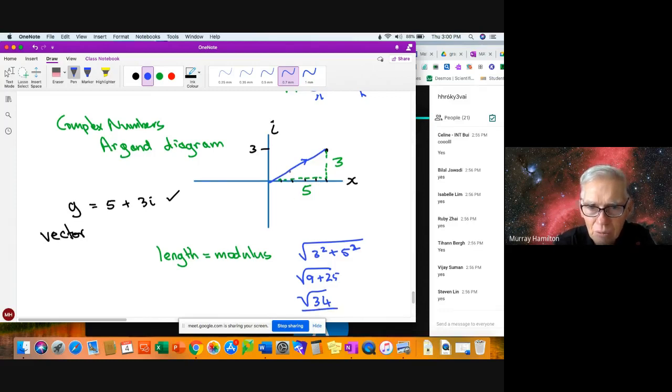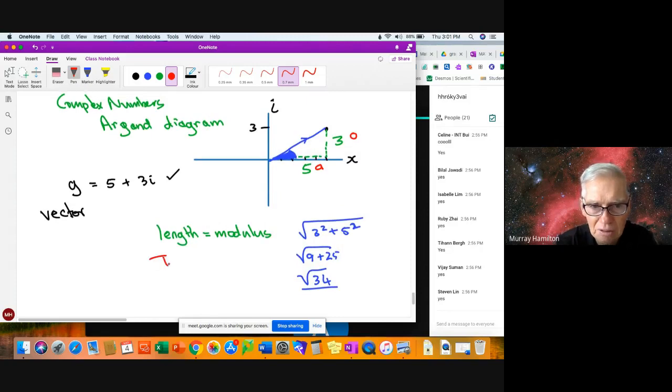We can also work out the angle between the x-axis and the complex number, or the ray here. So by using SOHCAHTOA, the 3 is opposite and the 5 is adjacent. So if I go opposite adjacent, SOHCAHTOA, tangent, I want the inverse tangent of opposite 3 divided by adjacent 5.